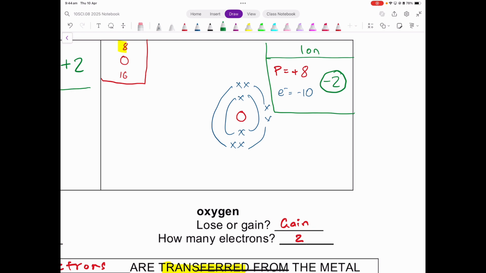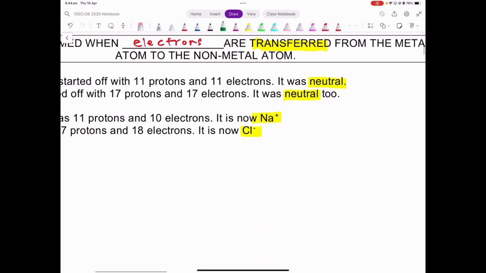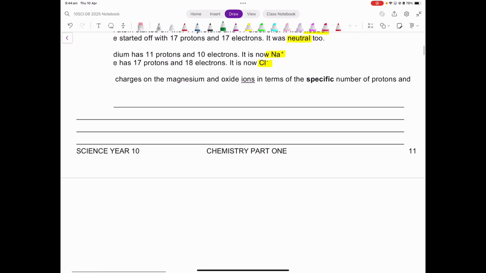Yeah. So let's have a go now at answering this question. Explain the charges of magnesium and oxide ions in terms of the specific number of, and here's the key part, protons and electrons. So we'll start off with magnesium. Magnesium has how many protons? 12. Great. 12 protons.